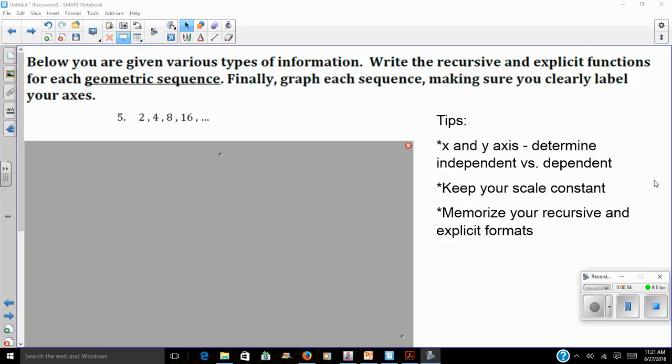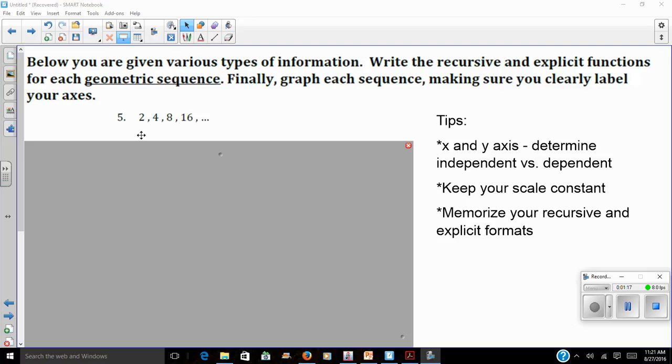One of the things I've noticed on homework and quizzes is that sometimes students are still getting mixed up as to what goes where. There is a correct location for both your independent variable and your dependent variable, and it is very important to realize that the term number is the independent variable and will go on the x-axis.